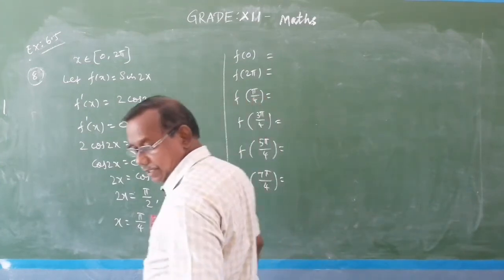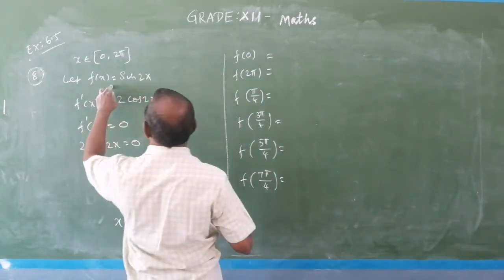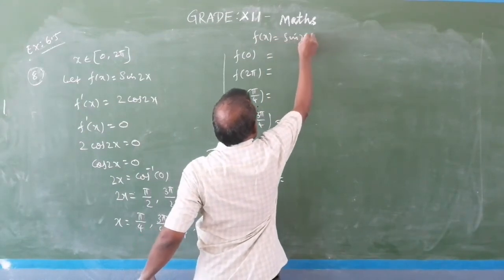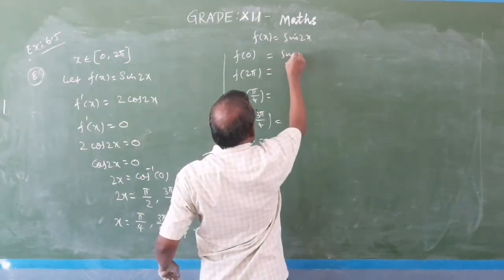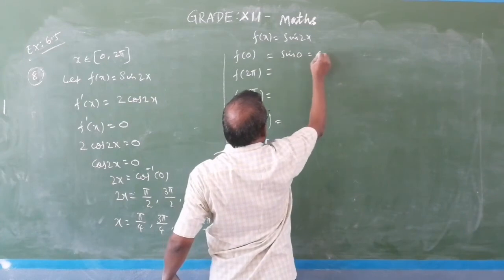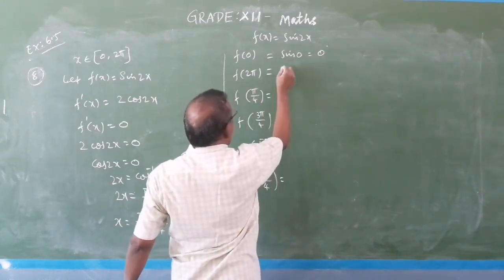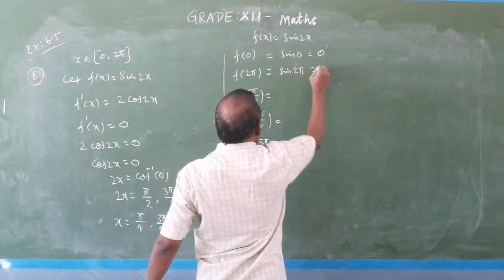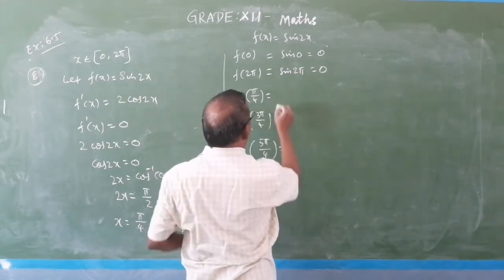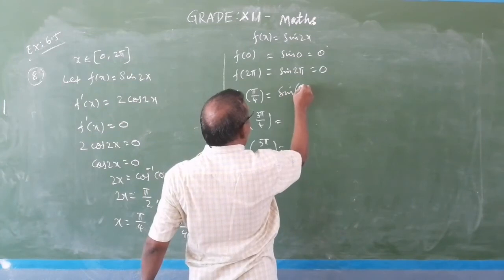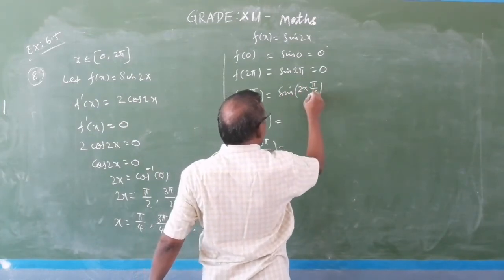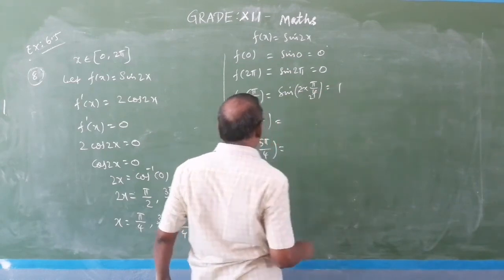Now, what is f? f of x equal to sin 2x. So, sin 2 into 0 is sin 0, which we know is 0, and at 2 pi, in general sin n pi equals 0, so sin 4 pi is also 0. f of pi by 4 means sin of 2 into pi by 4, which is sin pi by 2, equal to 1.